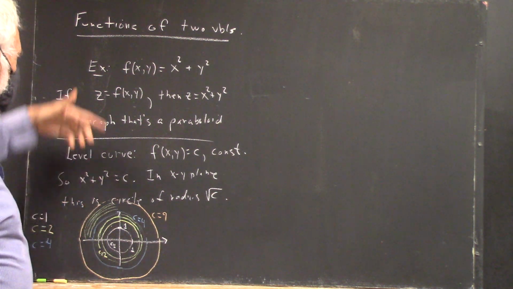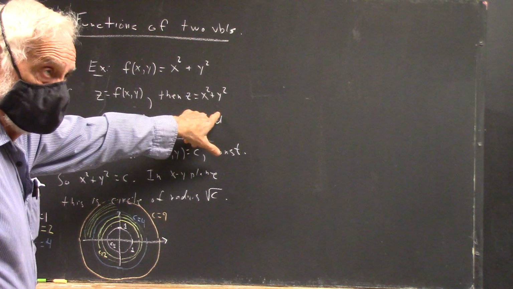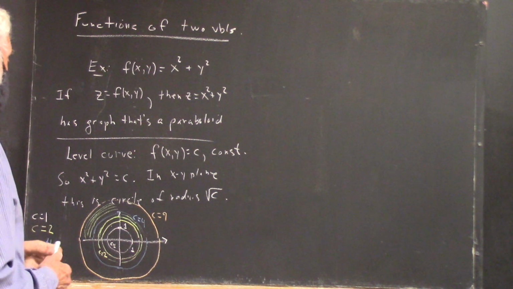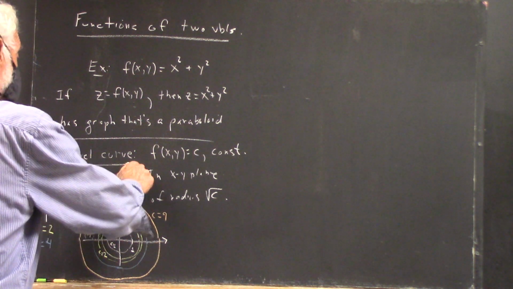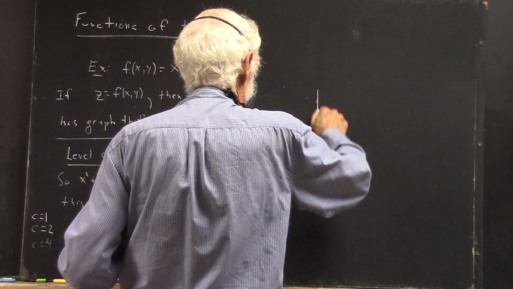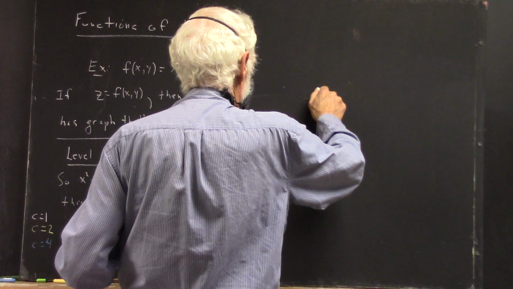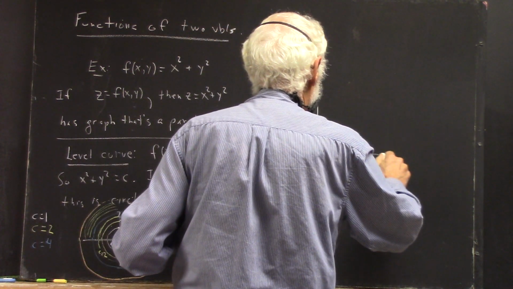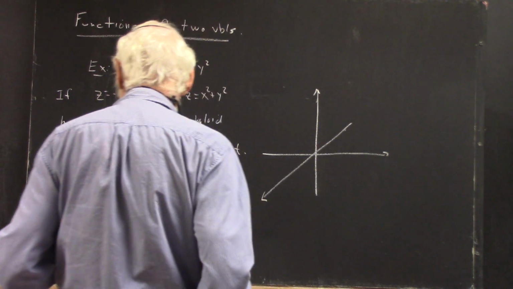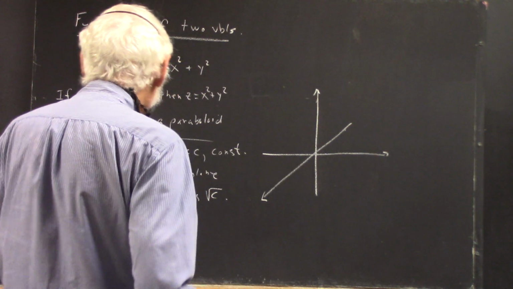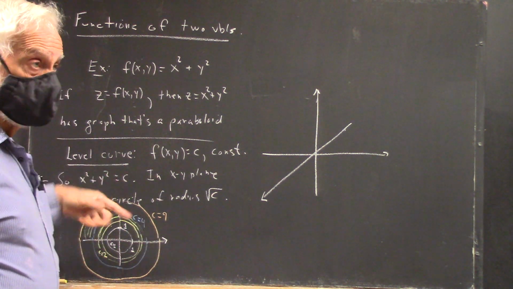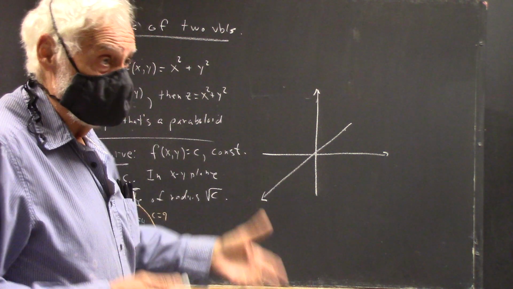What's this have to do with the 3-dimensional graph of this? Well, we call these level curves because in 3 dimensions, I'll draw this a little bigger. I need a lot of room. Okay, first of all, c equals 0 is just the origin, right? Because x squared plus y squared equals 0 has only one solution, x equals y equals 0.